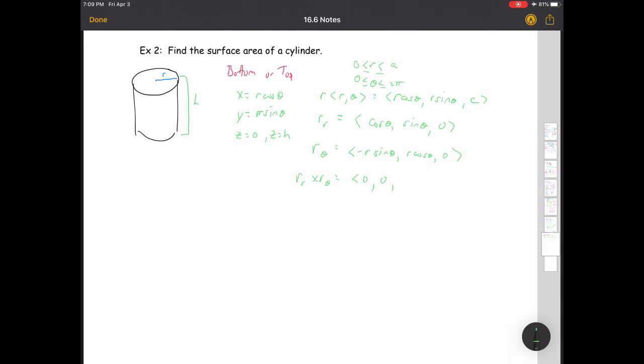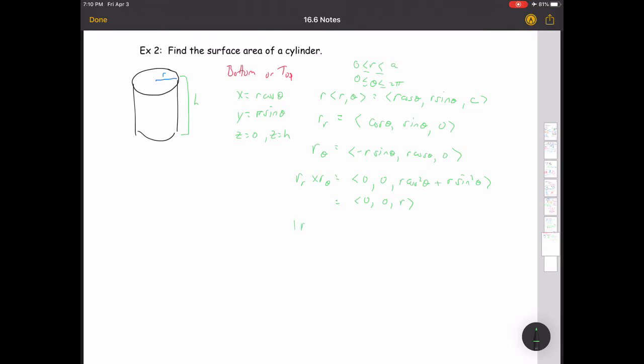Eliminating the k row and column, I'm going to get r cosine squared theta plus r sine squared theta. And you should recognize r cosine squared plus r sine squared, factoring out the r, as just r, because cosine squared plus sine squared is 1. So really what this gives us is 0, 0, r.